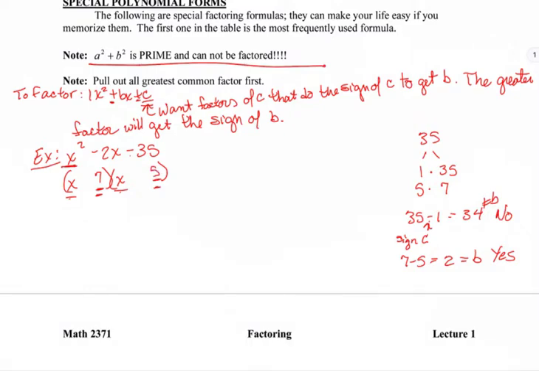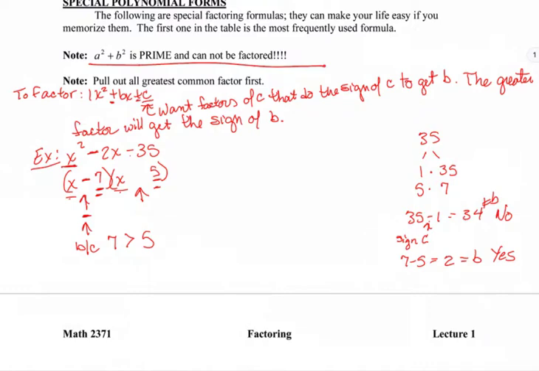All right, so these signs: the greater is 7, so this is going to be a minus sign because 7 is greater than 5. That tells me that this is a minus sign.